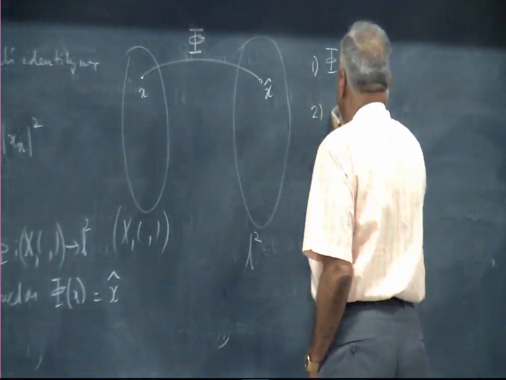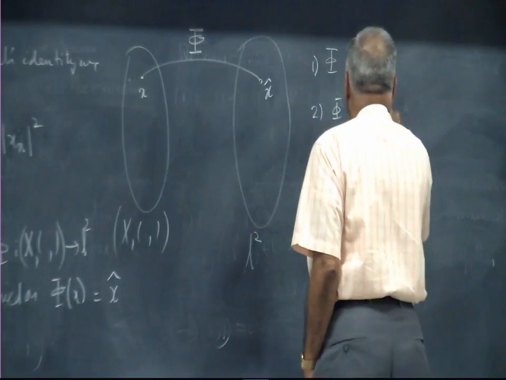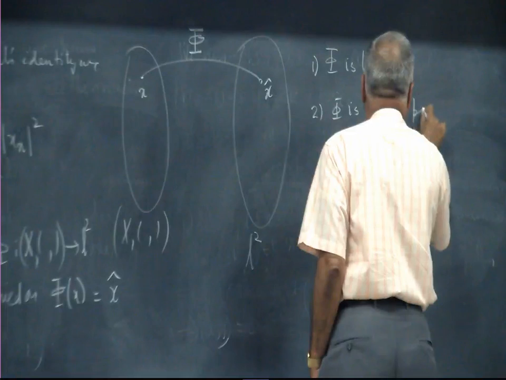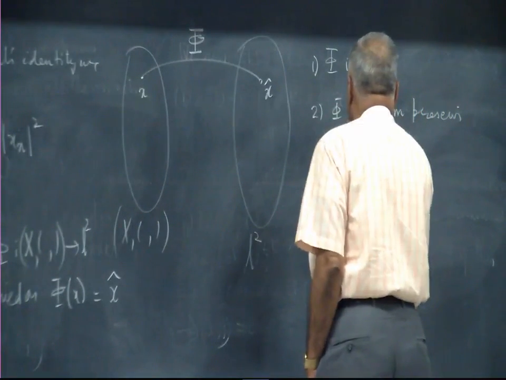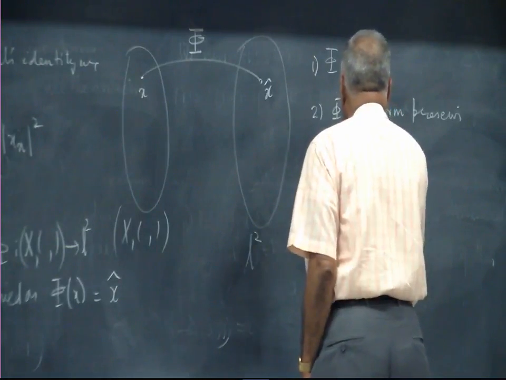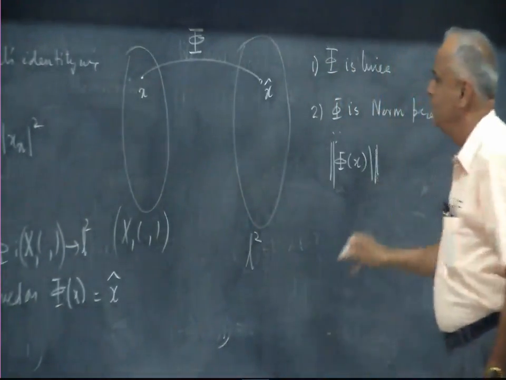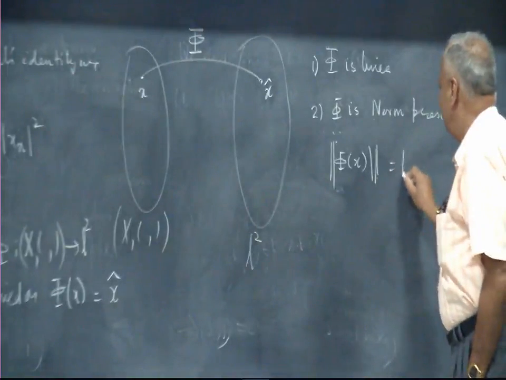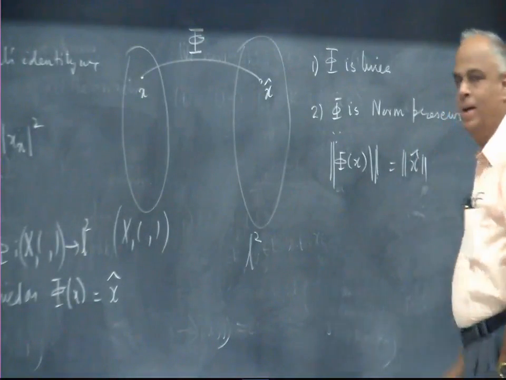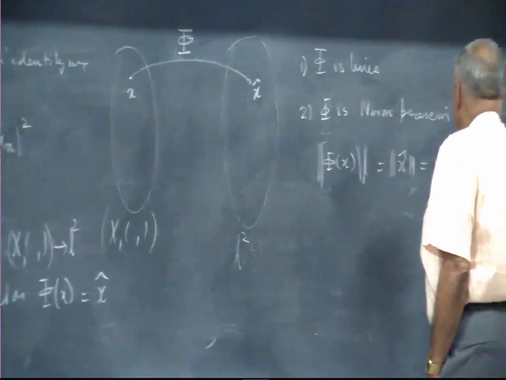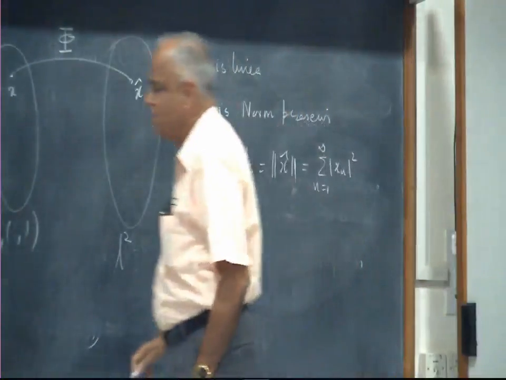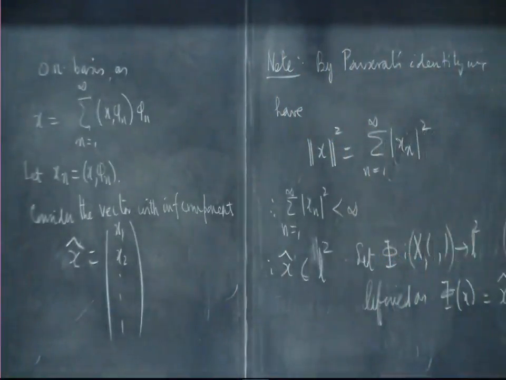So, phi is linear, and phi is norm preserving. What is the norm of phi x? Phi x is x hat, and the norm of x hat squared is the summation of mod x n squared.